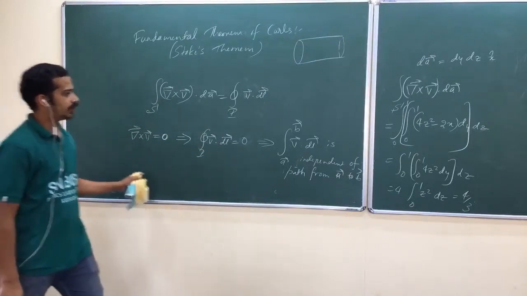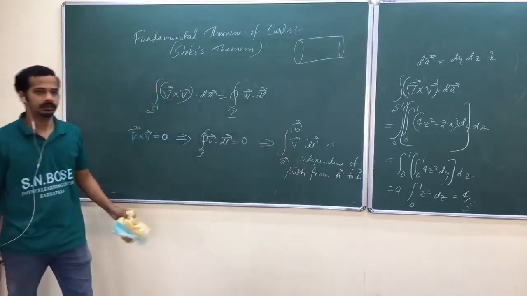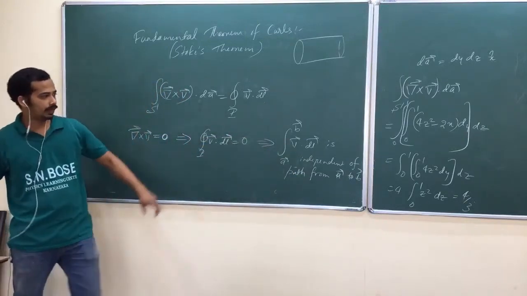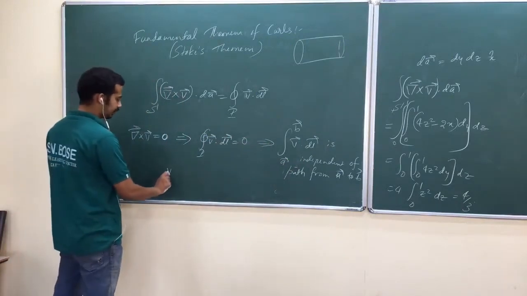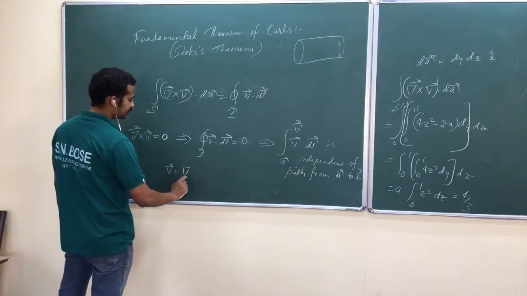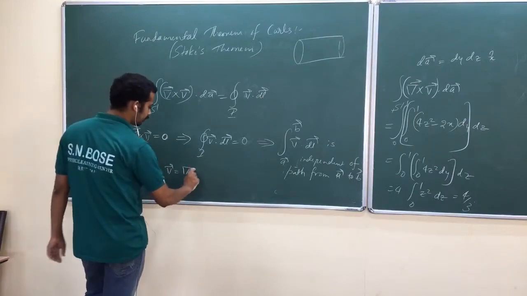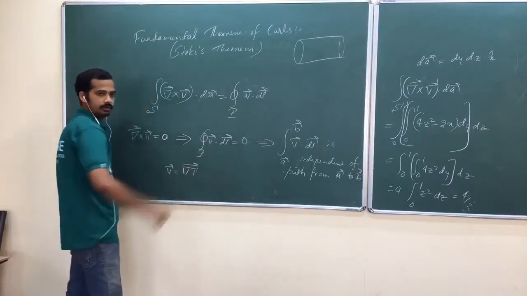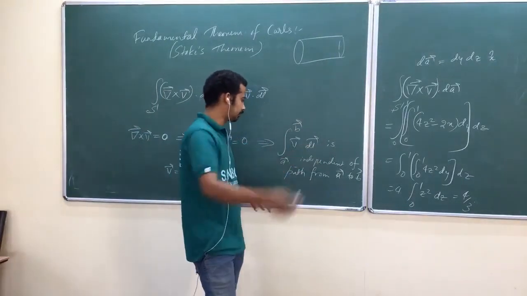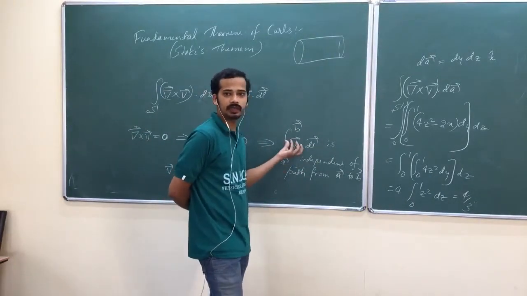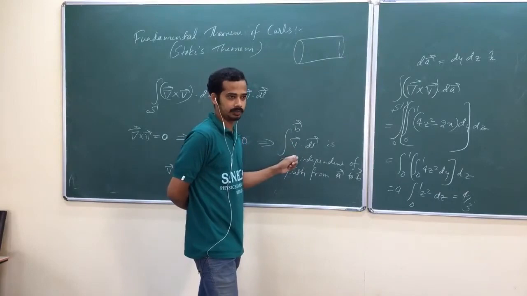Now, when will this be independent of the path? Look at here, when that vector field can be written as the gradient of a scalar field. Our first theorem had a gradient of a scalar, do you remember?